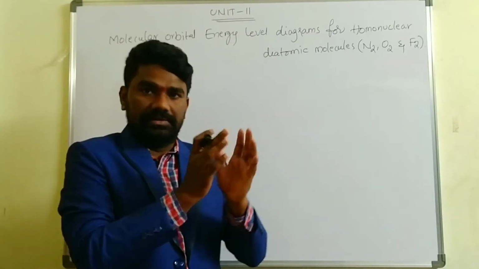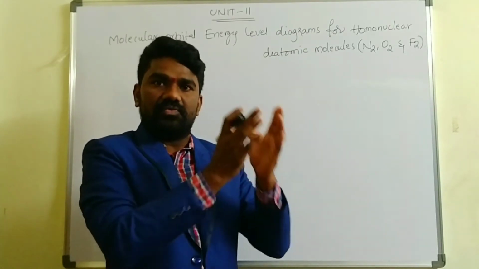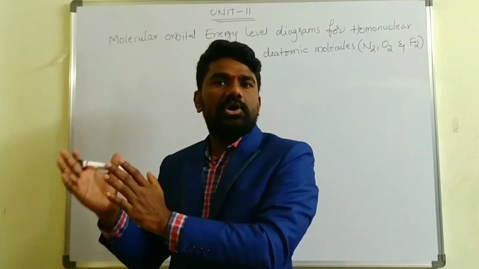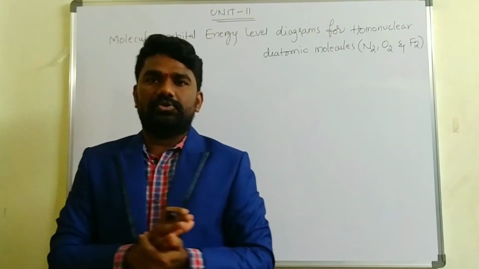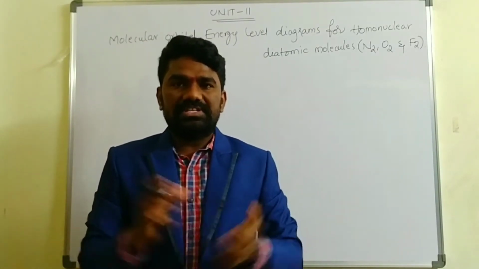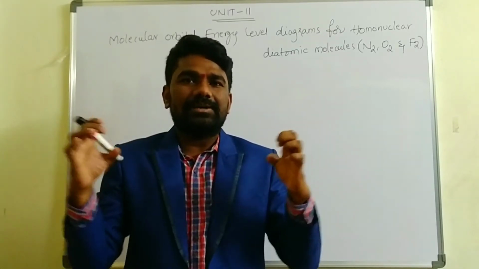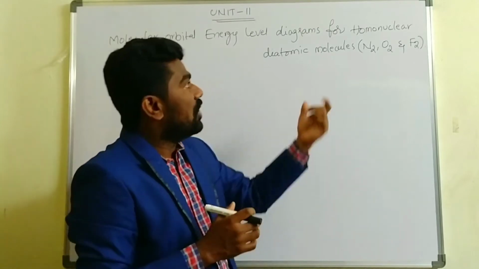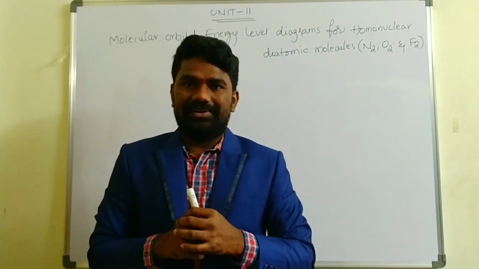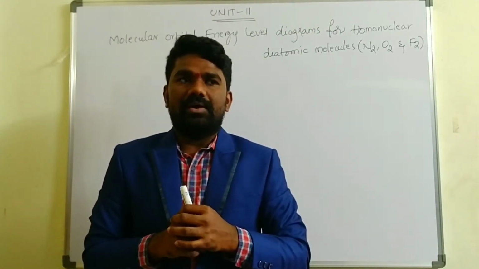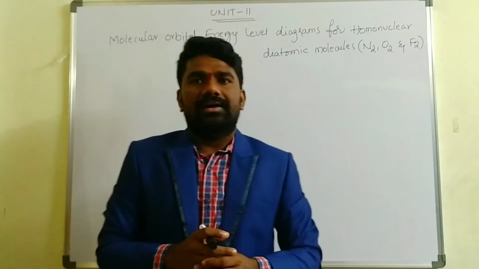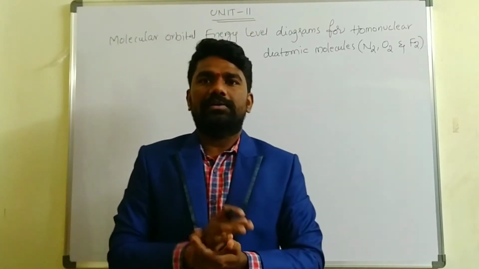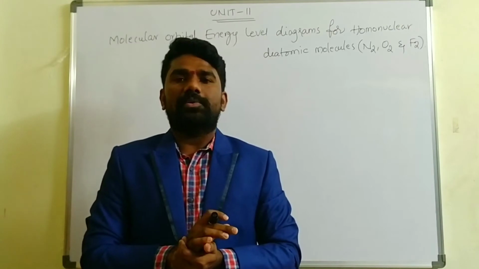There is an atomic orbital of one nitrogen and an atomic orbital of the other nitrogen atom, isn't it? So these two atomic orbitals can come together and overlap and form the molecular orbitals.